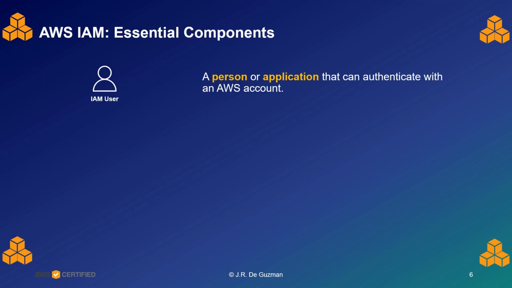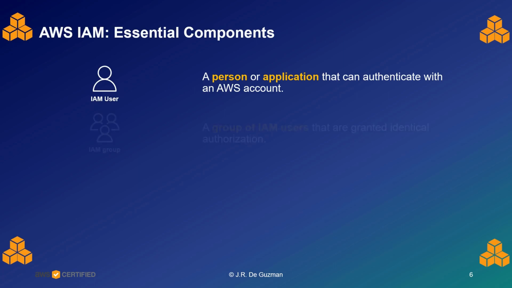Each user must have a unique name with no spaces in the name within the AWS account and a set of security credentials that is not shared with other users. These credentials are different from the AWS account root user security credentials. Each user is defined in one and only one AWS account.